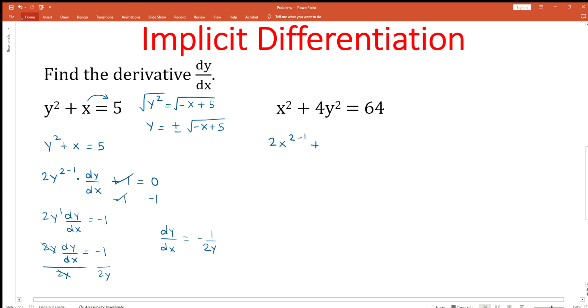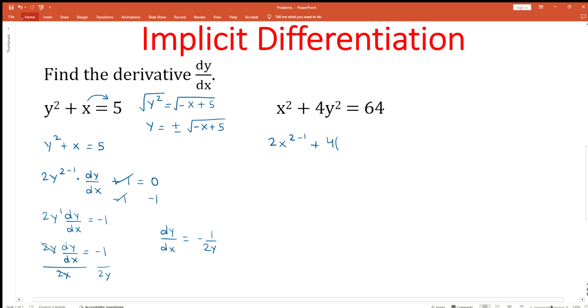In the next term, 4y squared, 4 is the coefficient of the term. It'll stay as it is. We can use chain rule to find the derivative of y squared. The inner function is y. The outer function is the exponent 2. We start by finding the derivative of the outer function. We have to use power rule.